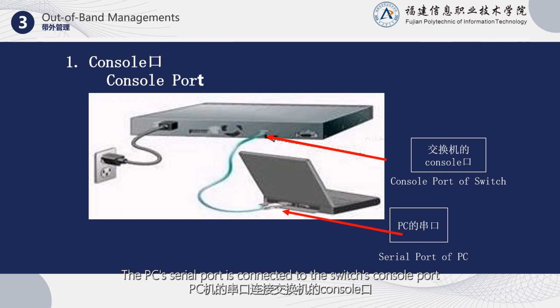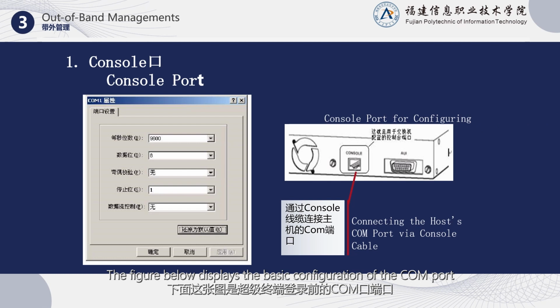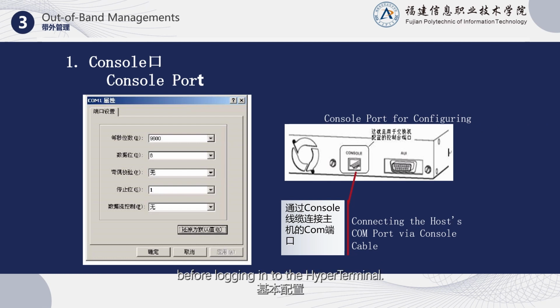The PC's serial port is connected to the switch's console port, and the switch is accessed through the hyperterminal. The figure below displays the basic configuration of the COM port before logging into the hyperterminal. It includes parameters such as baud rate, data bits, parity, stop bits, and data flow control.